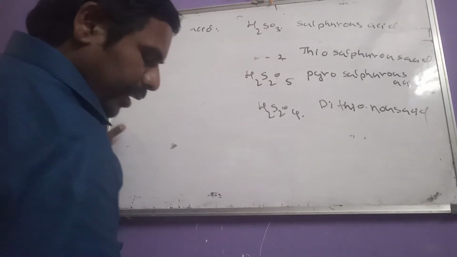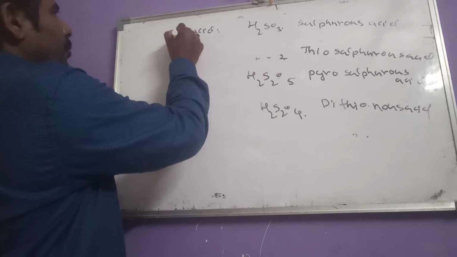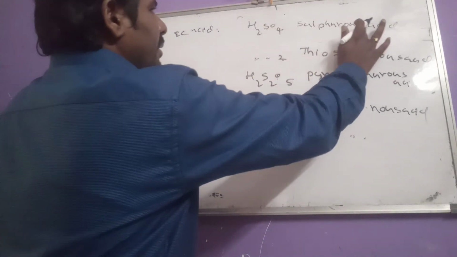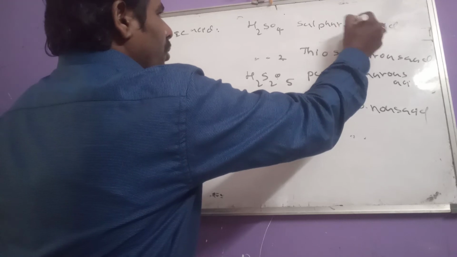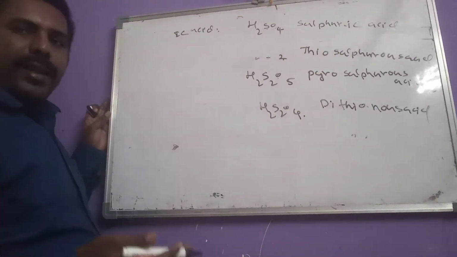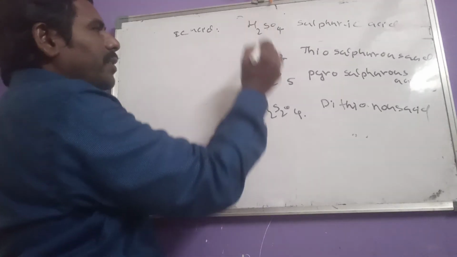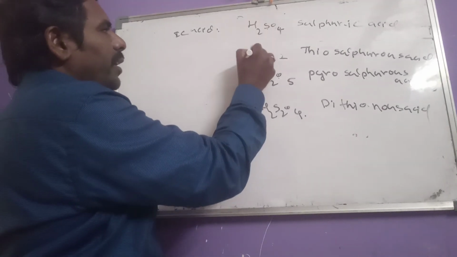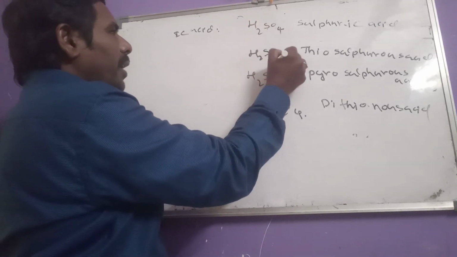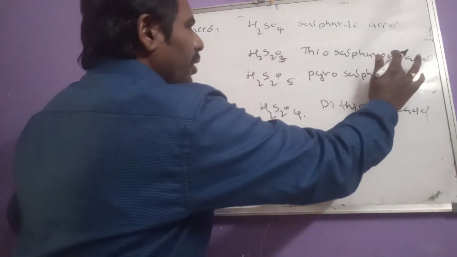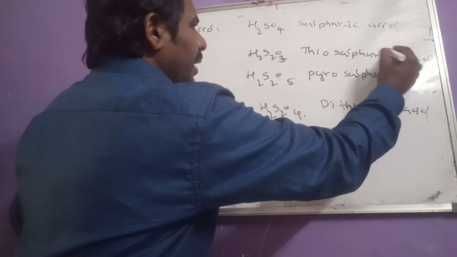Now let us see the ic acid series. Ic acid series means the first one is sulfuric acid, H2SO4. Like in the previous case, replace one oxygen with sulfur. So now what we can get? H2S2O3. Now this is called thiosulfuric acid.